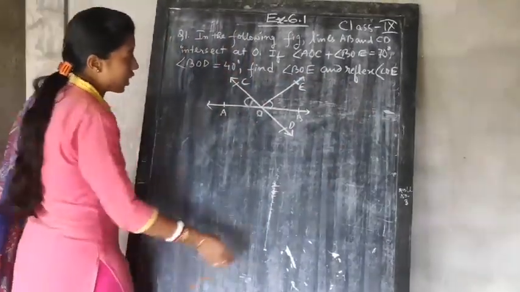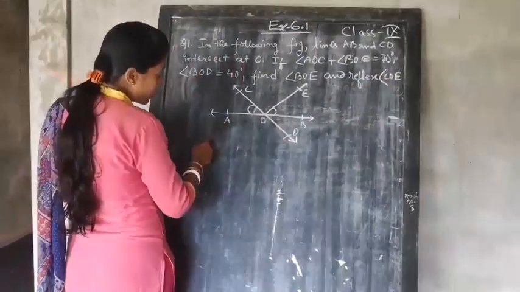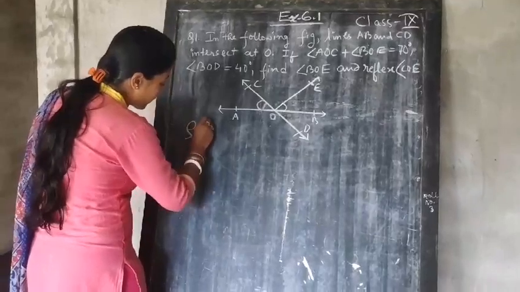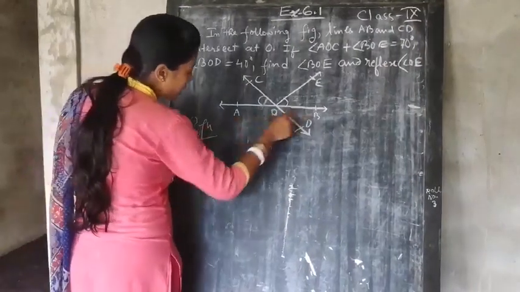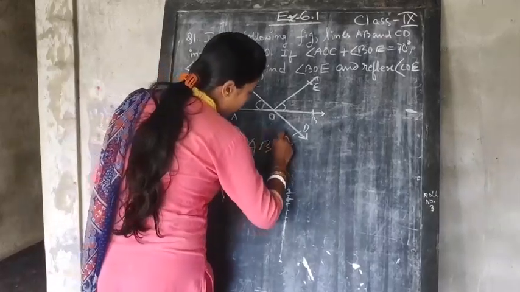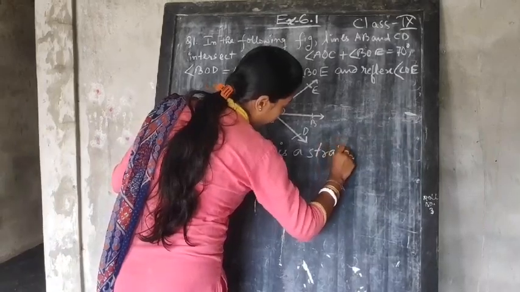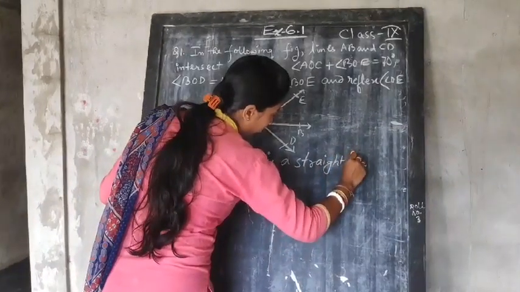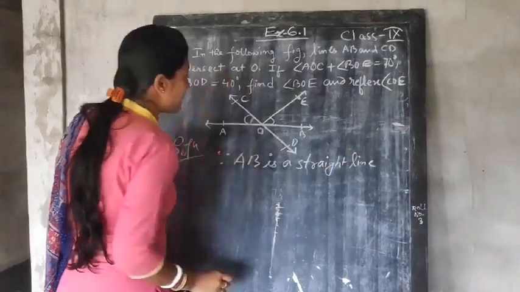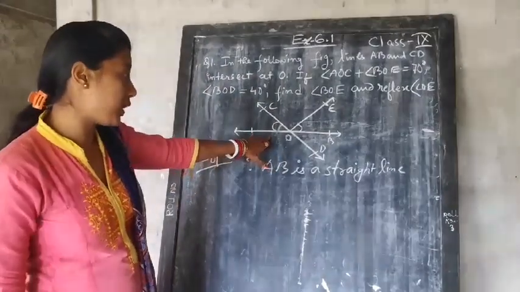So first let's find out angle COE. How will you do? Since AB is a straight line, which angle will you take?